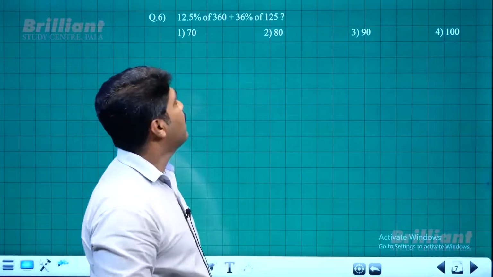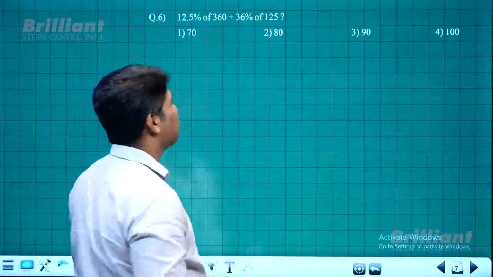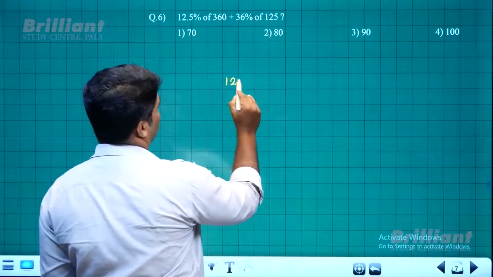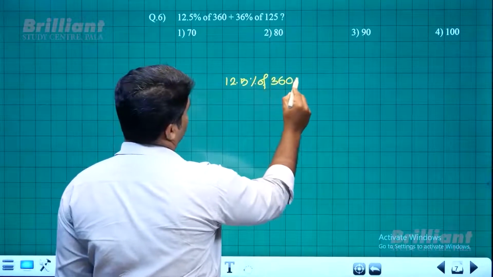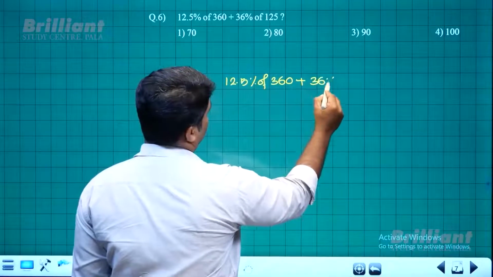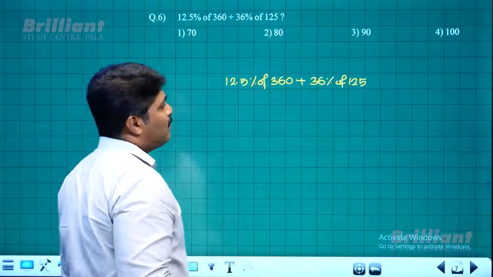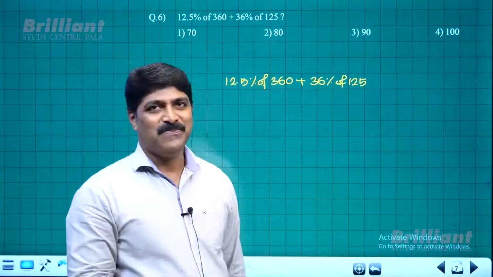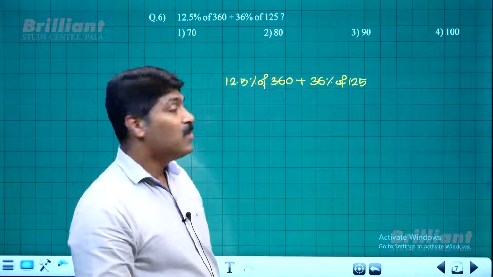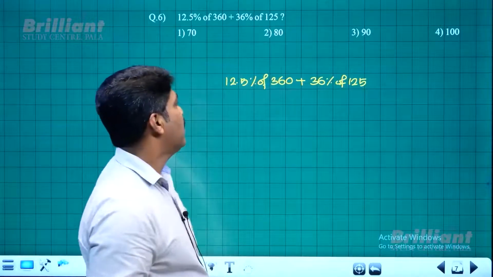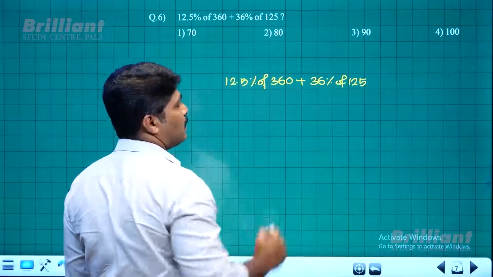12.5% of 360 plus 36% of 125. While observing this set of values, is there any interesting relationship between the values? We know that this is 125, this is 125, this is 360, this is 36.